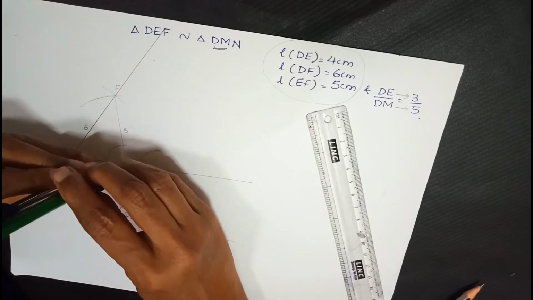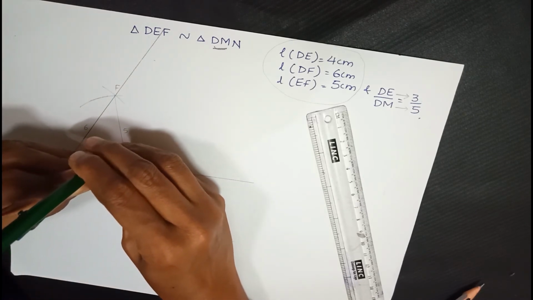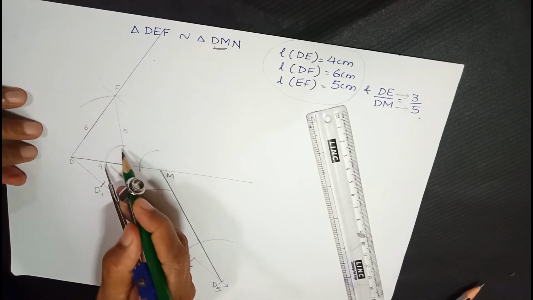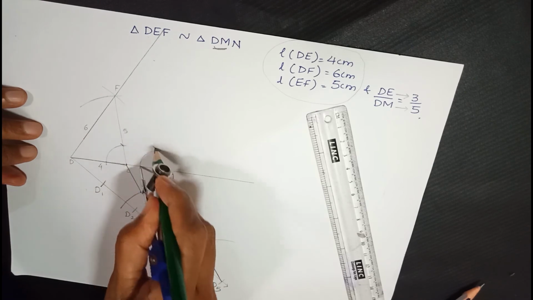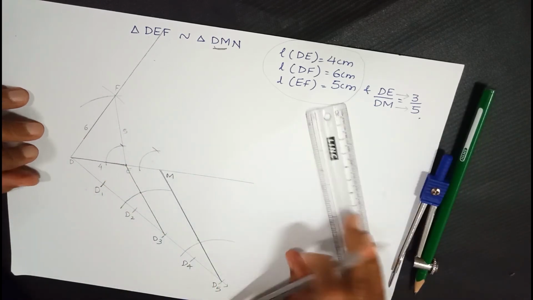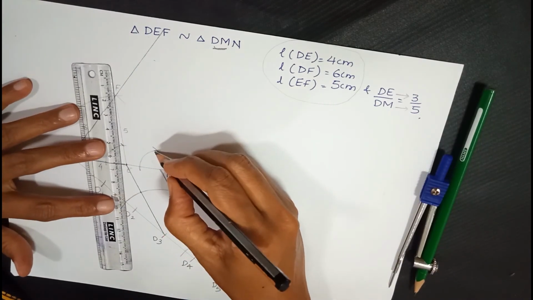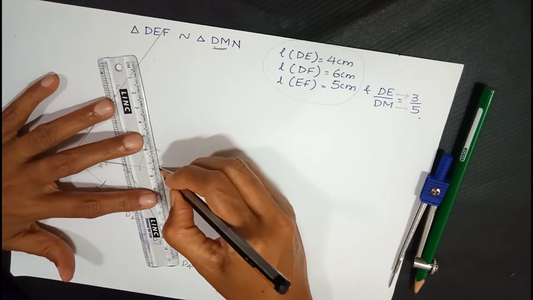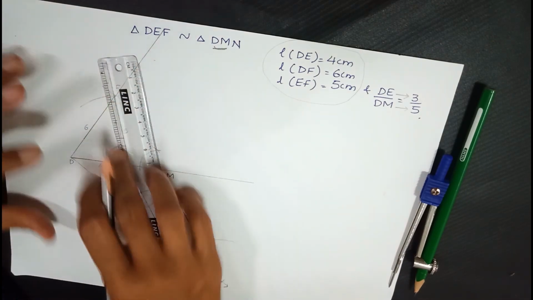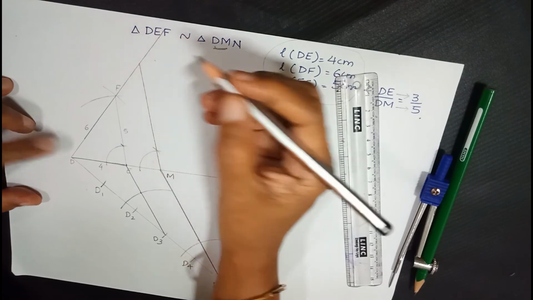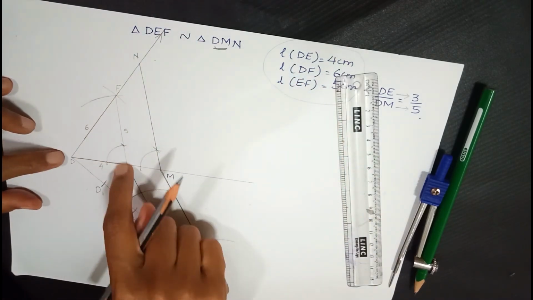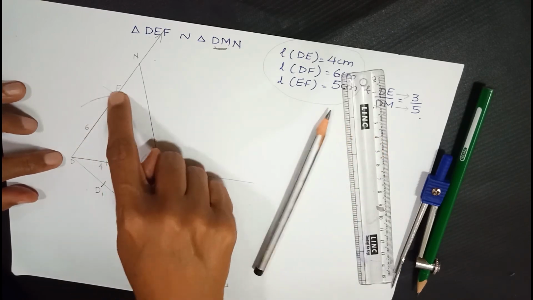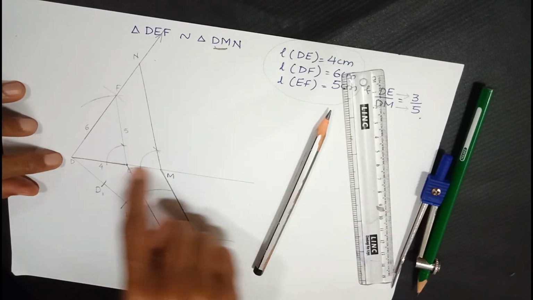Now we measure the angle that we have made. Right? Pointer on one end, pencil on the other, and similarly we do it here. So we got 2 points again, this one and this one. And then we just join it and extend to get our vertex N. So you can see this was the smaller first triangle and this was the bigger second triangle that we made.